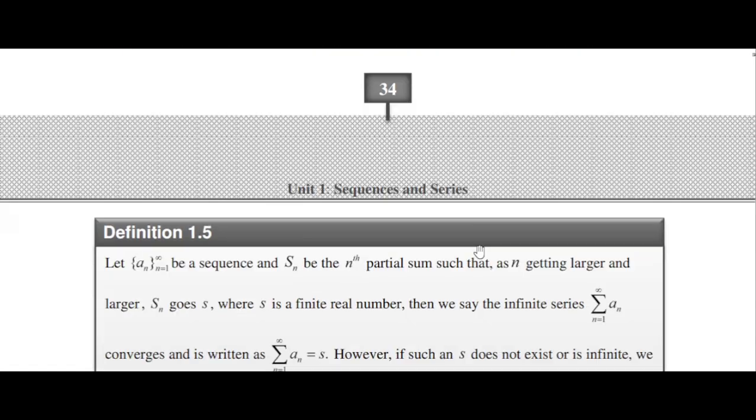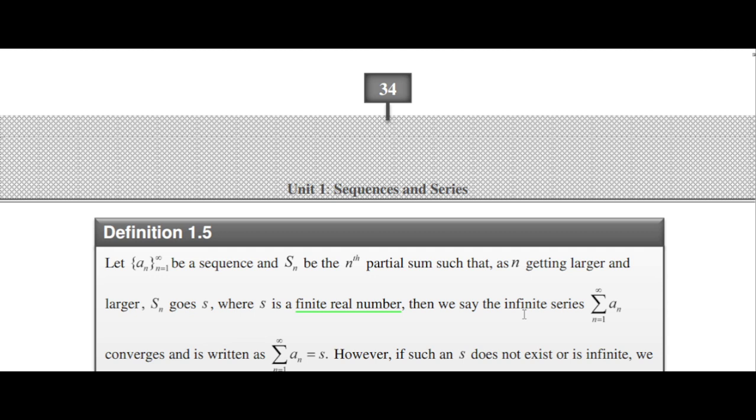Infinite series. Definition 1.5. Let a_n, with n starting from 1 up to infinity, be a sequence, and S_n be the nth partial sum, such that as n gets larger and larger, S_n goes to S, where S is a finite real number.